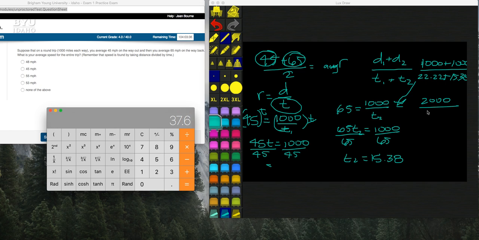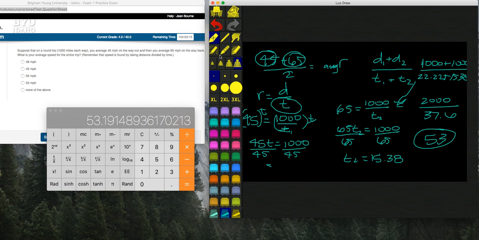And that equals 37.6. So I take 2,000 divided by 37.6, and I get 53.19. The answer is 53.